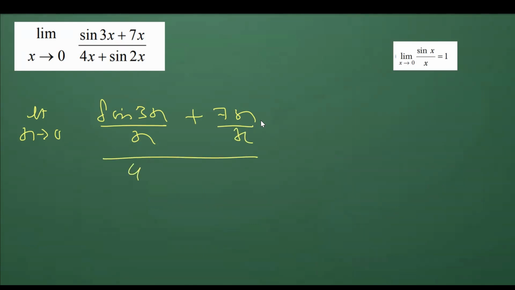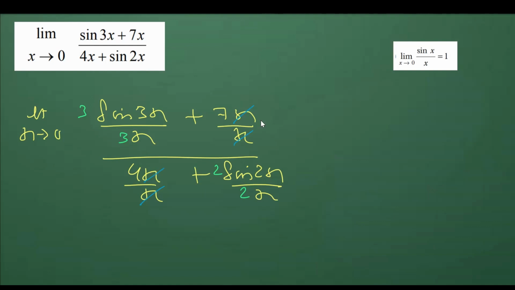So the denominator is 4x over x plus sine 2x over x. Next, we need a 3 over here, that's why I multiplied and divided by 3. For this part, I need a 2, so I multiplied and divided by 2. Further, you can see that this x and x can be cancelled. These x are also cancelled.